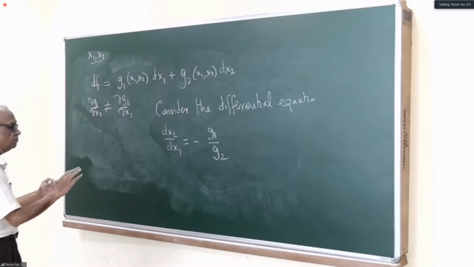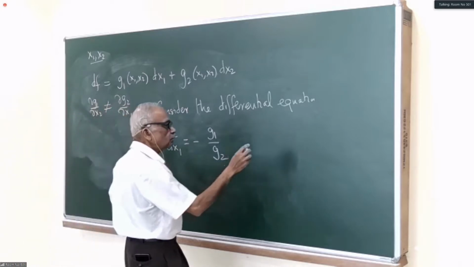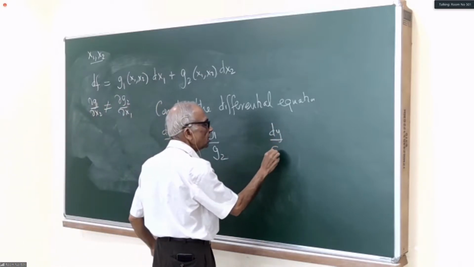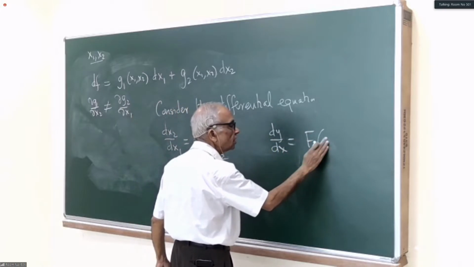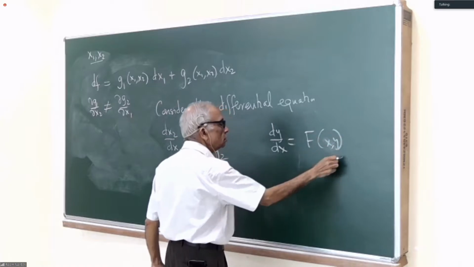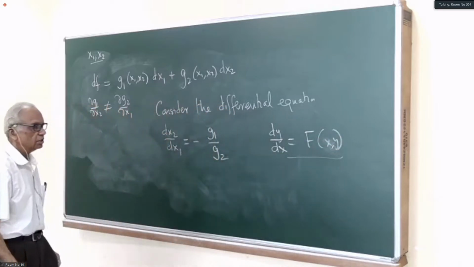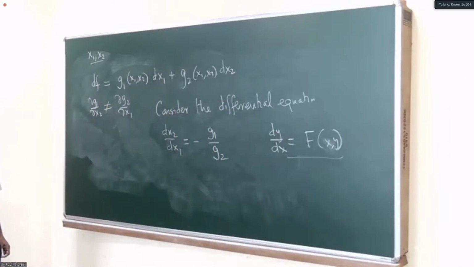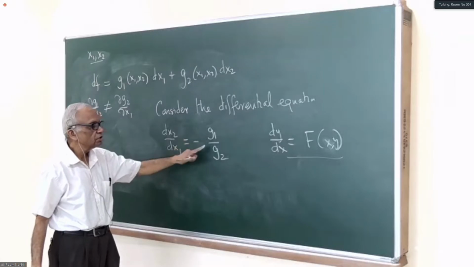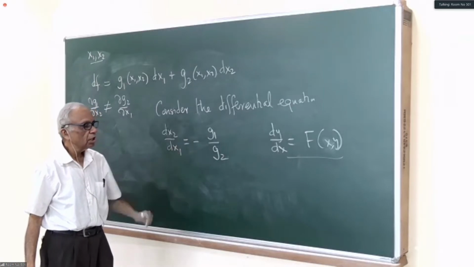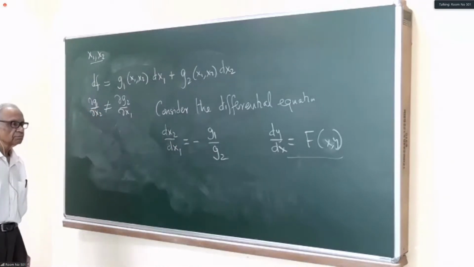It is like saying that I'm given dy dx equal to some function of x and y. So x2 is my y, x1 is my x, and dx2 dx1 is minus g1 by g2. I'm going to look at solutions of this.